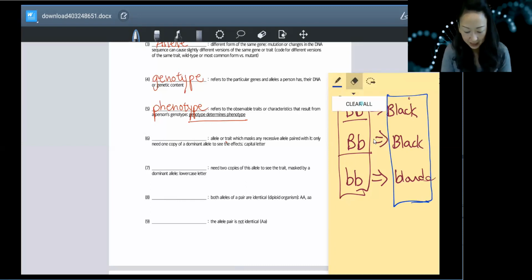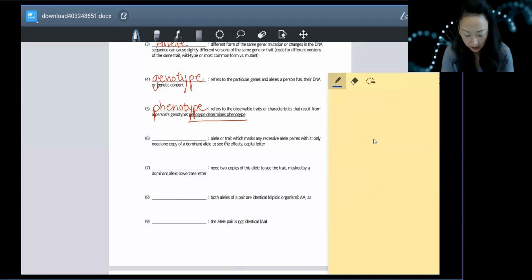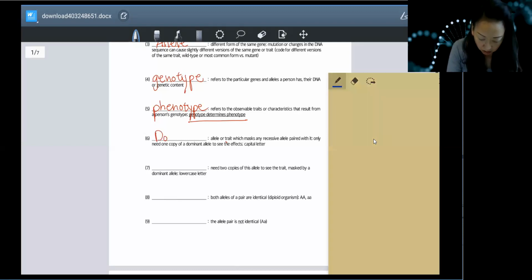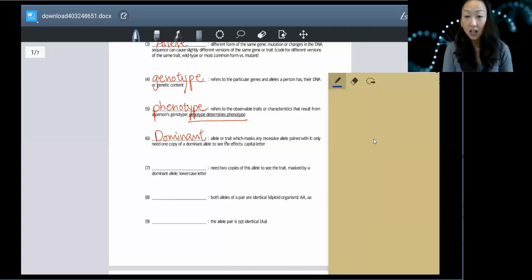Now, let's move on. The next term is the allele or trait which masks any recessive allele. Again, allele is that different flavor of the same gene. So it can be black or it can be blonde. If you are an allele that masks other alleles, we call you the dominant allele. So dominant is the kind of allele that masks the other type of allele.